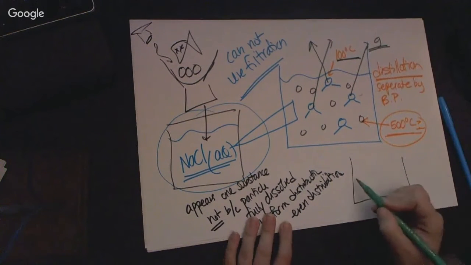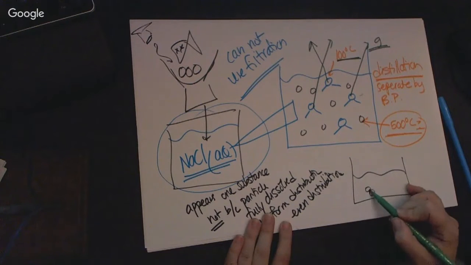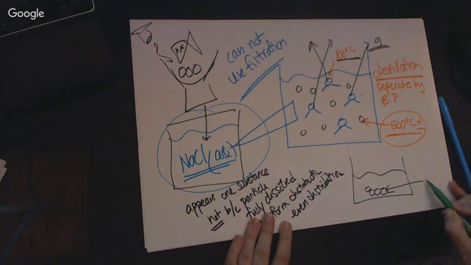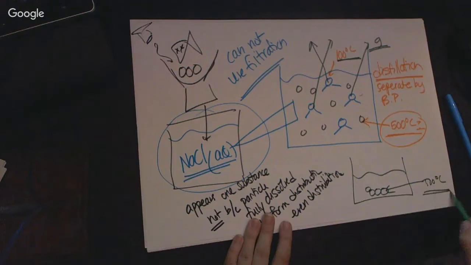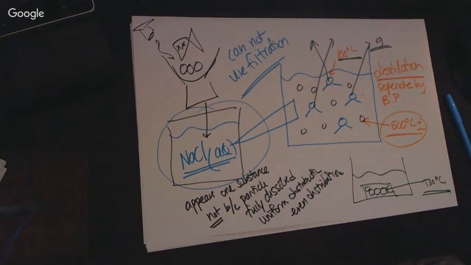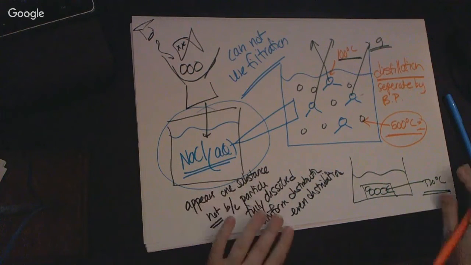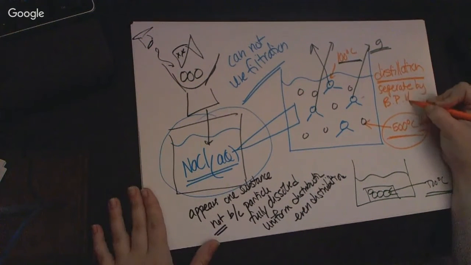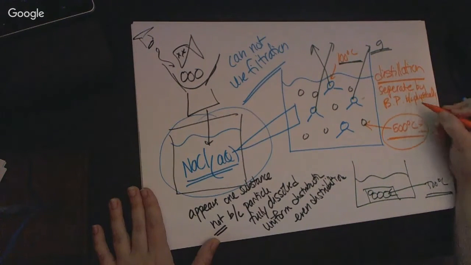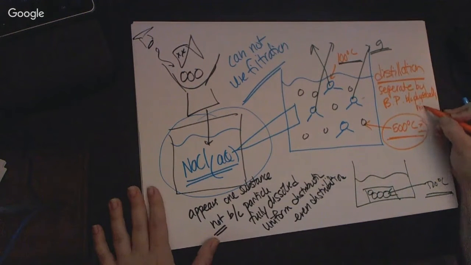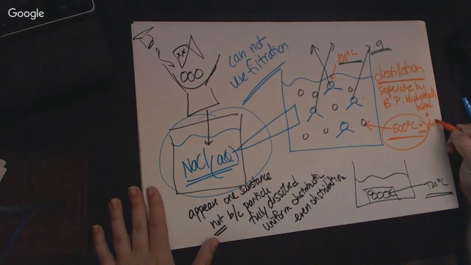Once all the water molecules are gone, the NaCl is like, we don't boil until 500 degrees Celsius, and they're going to stay in their solid form on the bottom. What you need to know with distillation is you can separate them by boiling point. Because you have physically mixed them, you can physically separate them by their boiling points.